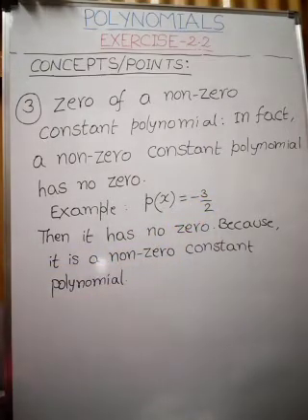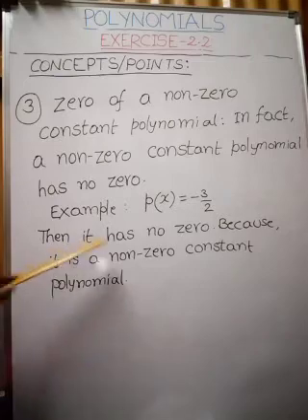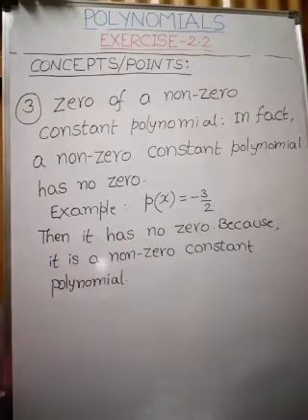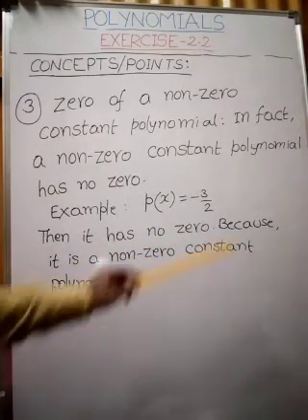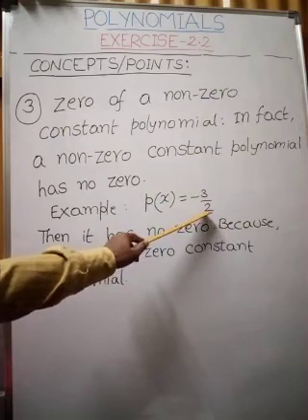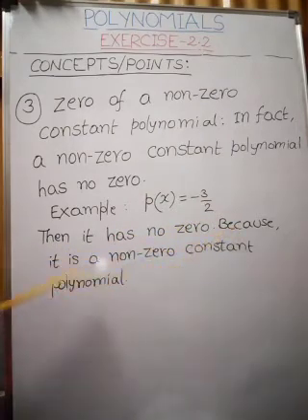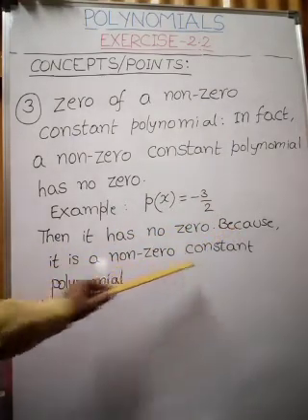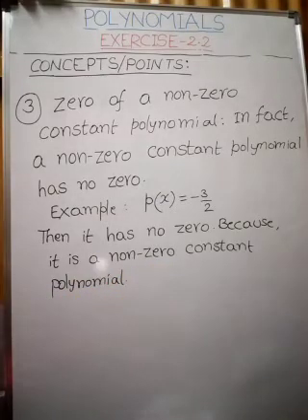Okay, my dear children. Then we say that it has no zero. We can't find zero of this non-zero constant polynomial because it is a non-zero constant polynomial. Remember this point, my dear children.